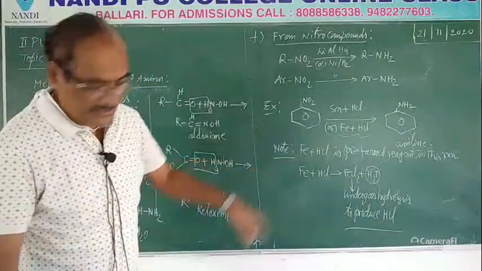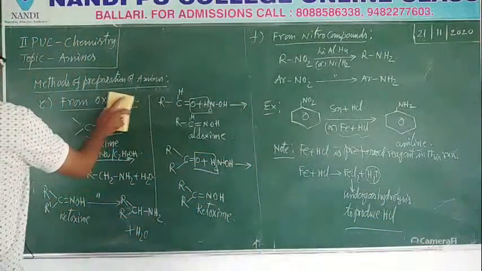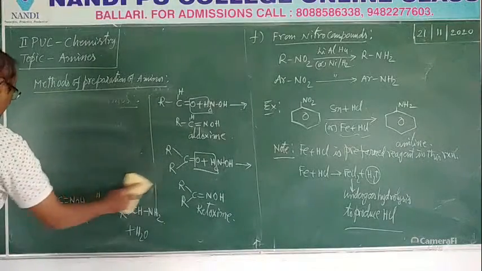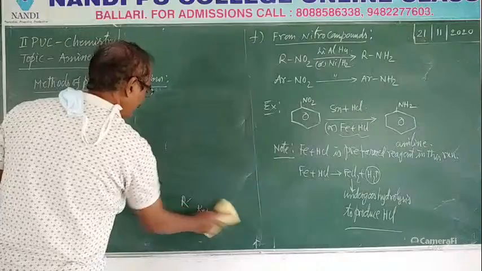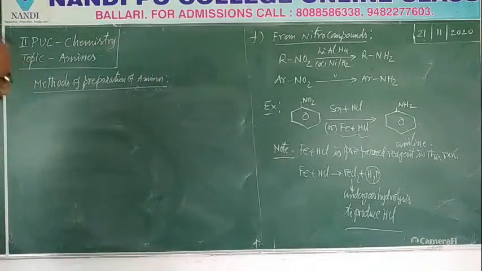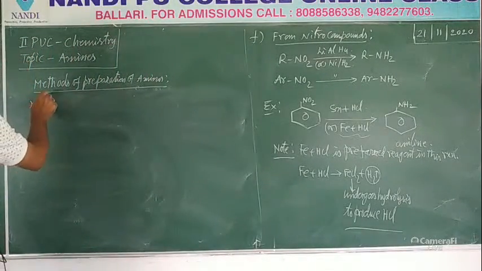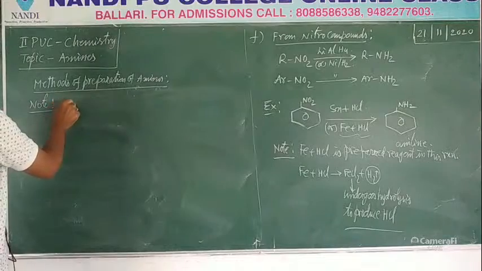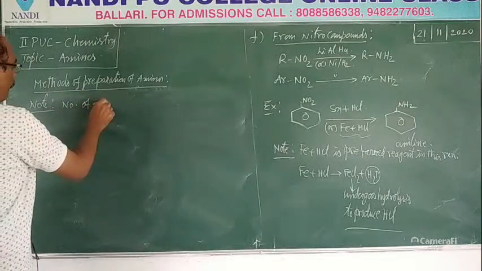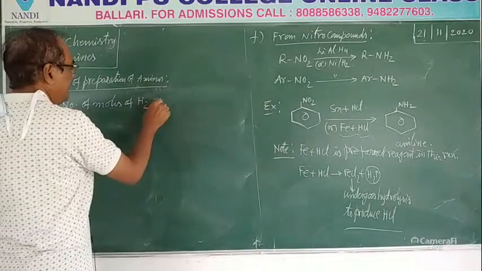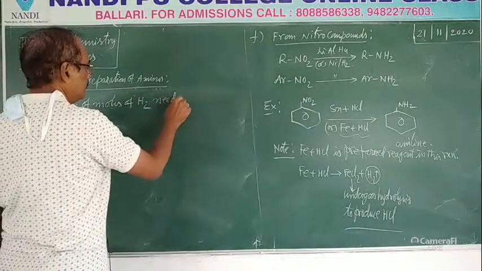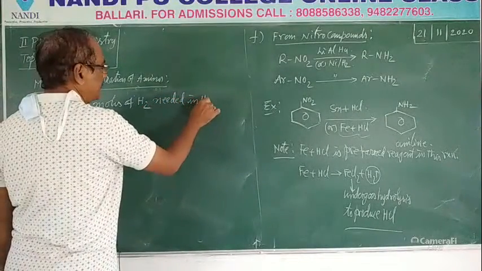Then what is the objective bit in this? The bit asked many times is the number of moles of hydrogen needed in this reaction.